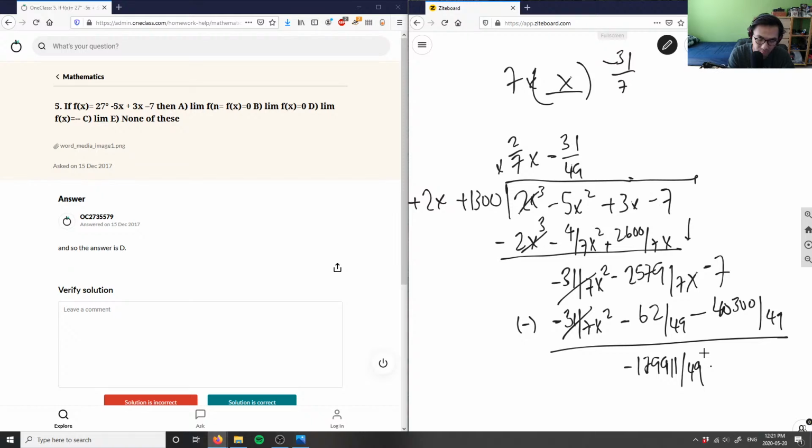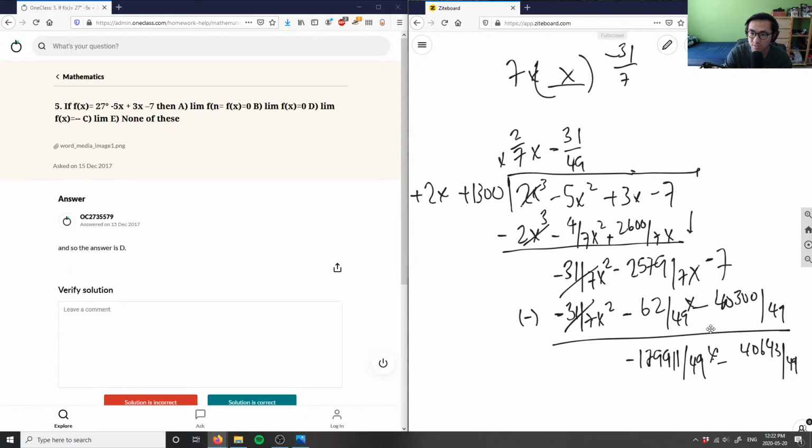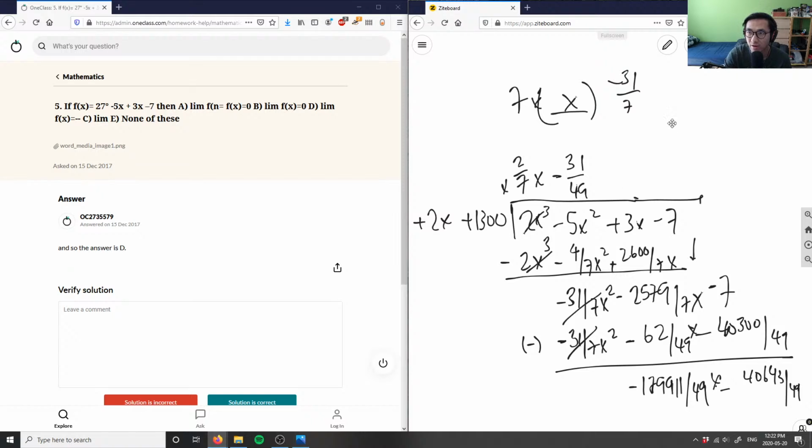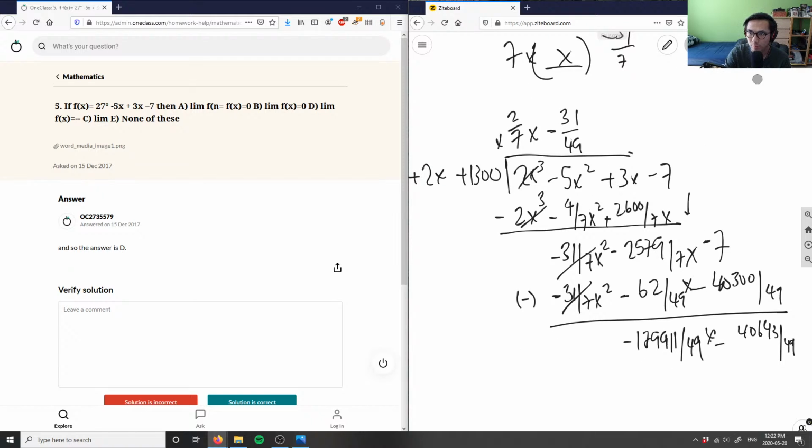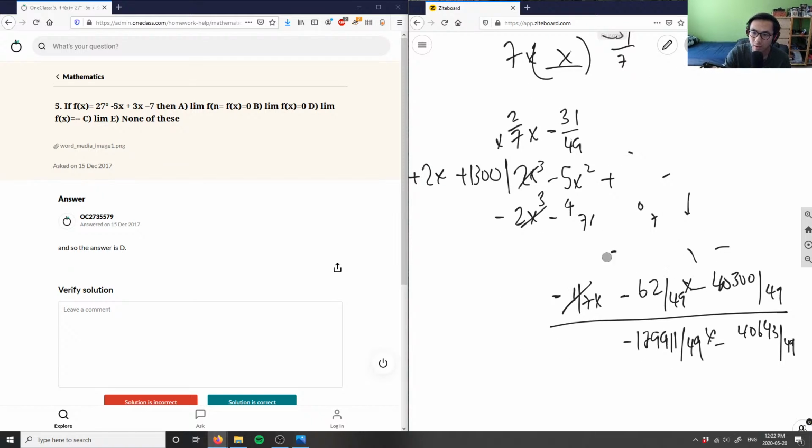And this is -7 minus 40300 over 49, and this is -40643 over 49. This is actually our remainder here, right? Because I canceled the x here, this is my remainder, which is no good because this doesn't divide out evenly. So basically all this work is obsolete here because I can't divide out.